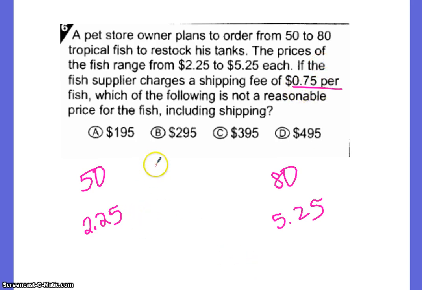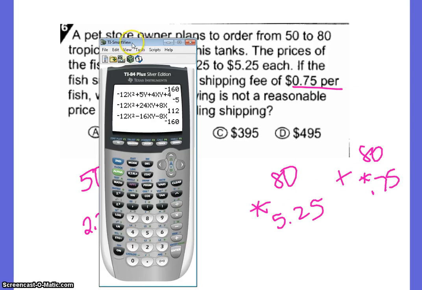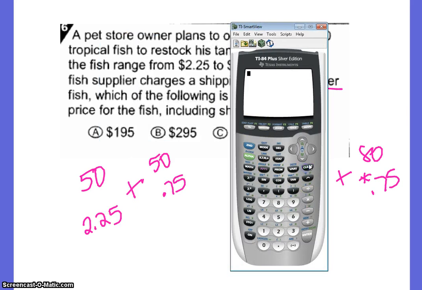So we're also going to have to do 50 times 0.75 or 80 times 0.75. You're multiplying here, okay? So take your calculator, and for the least amount, you got 50 times 2.25 plus 50 times 0.75. 150 is the least amount.